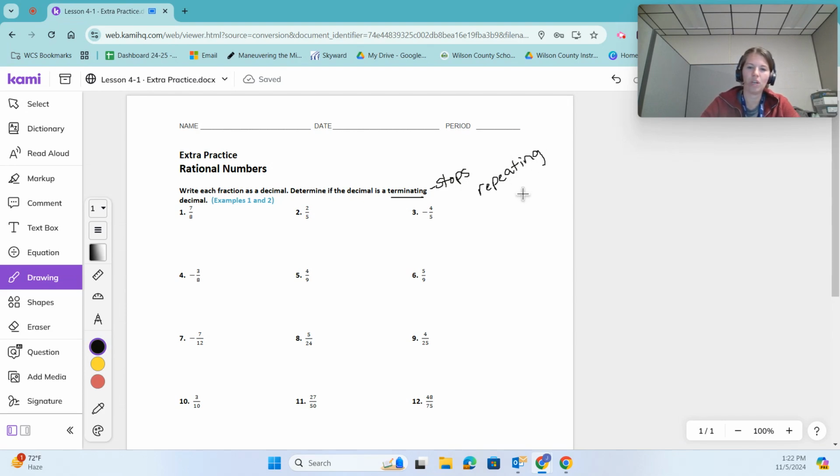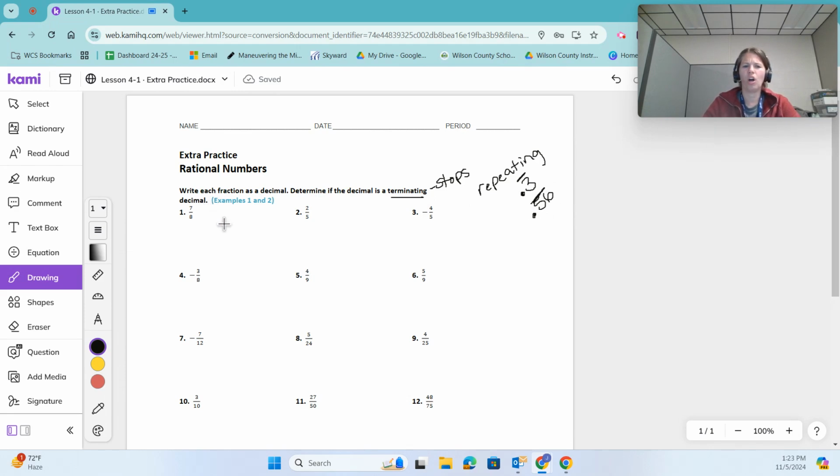And we often represent that with a line over top of the number that shows that it repeats. So if we had 56 hundredths repeating, 0.56 repeating, that would be 565656 forever and ever. That would be a repeating decimal.